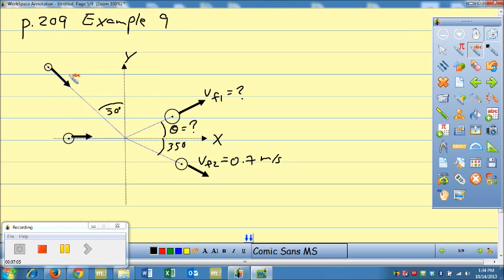And we've got V01 equals 0.9 meters per second, and V02 equals 0.54.